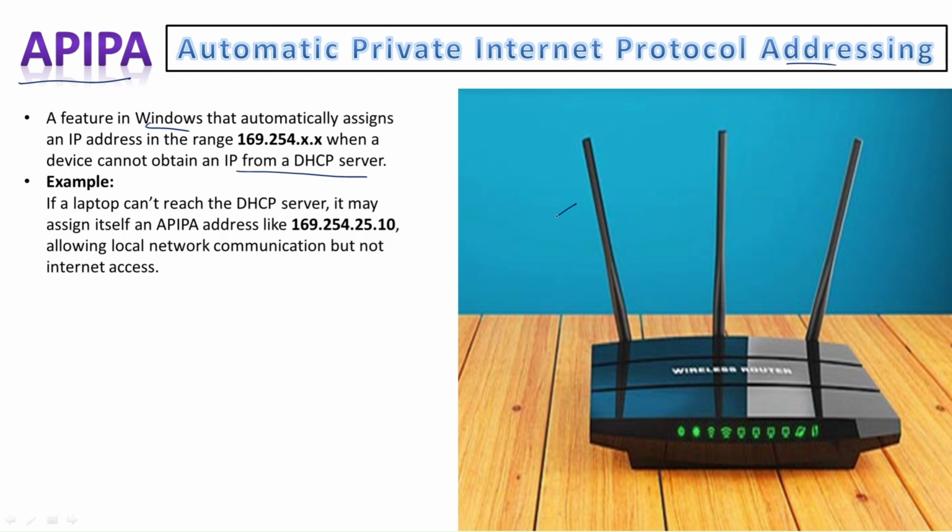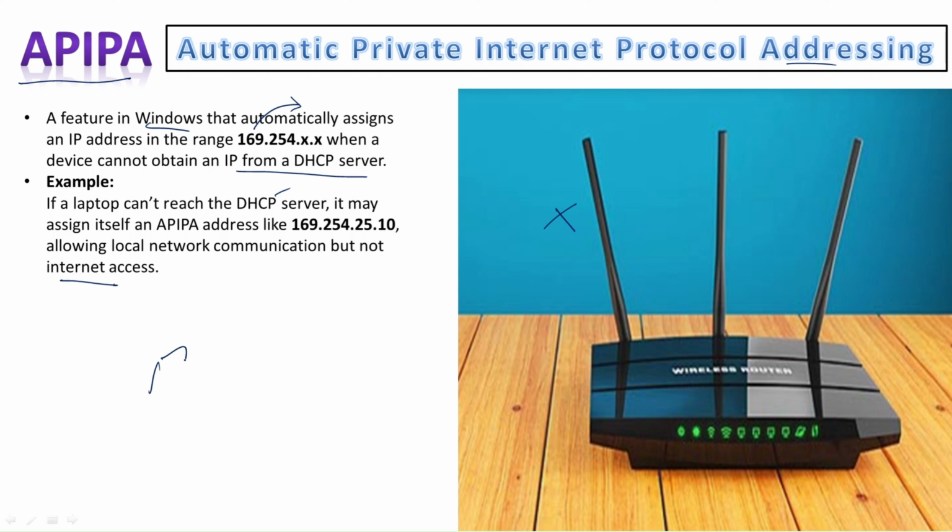When there is some issue with the DNS server or the DHCP server, or it is off, then your PC or laptop automatically gets an IP address in this range. And this specific IP address is known as APIPA. For example, if a laptop cannot reach the DHCP server, it may assign itself an APIPA address of 169.254.25.10, allowing local network communication but not internet access.